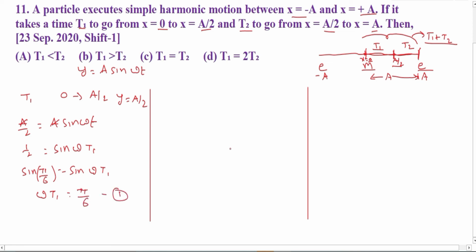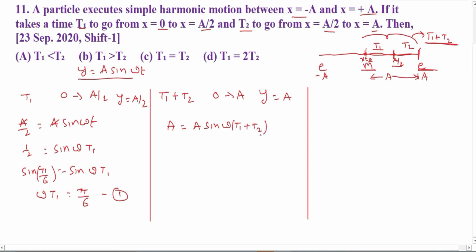Now let us go to our next case, where the particle took t1 plus t2 time to reach from the mean position to the extreme position. That is, it took a time of t1 plus t2 to reach from 0 to capital A. In this case, the value of displacement will be equal to A. Substituting in the formula, A is equal to A sine omega of t1 plus t2.